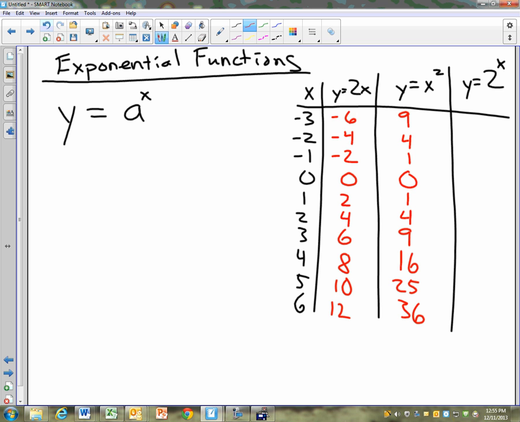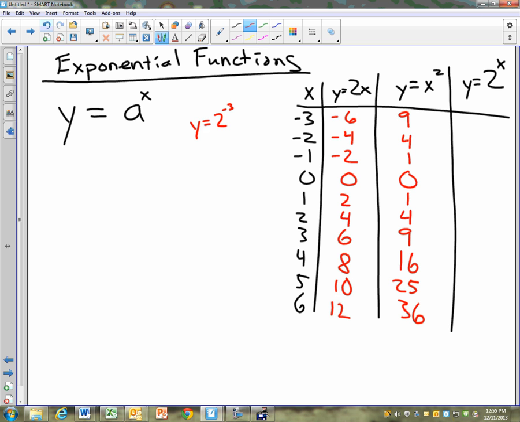y equals 2 to the x. So I got to plug that in. So like y equals 2 to the -3rd. What is 2 to the -3rd? Good try. I was trying to figure out what you were doing, and now I think I know.